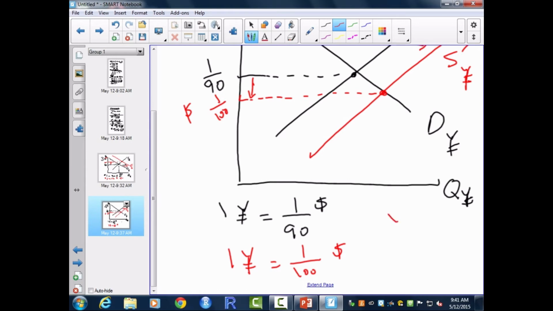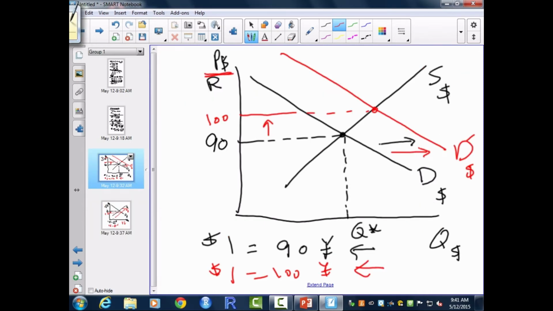So the value of yen will go down, which is the same as saying the value of dollar will go up. Okay, these are the two sides of the same coin.